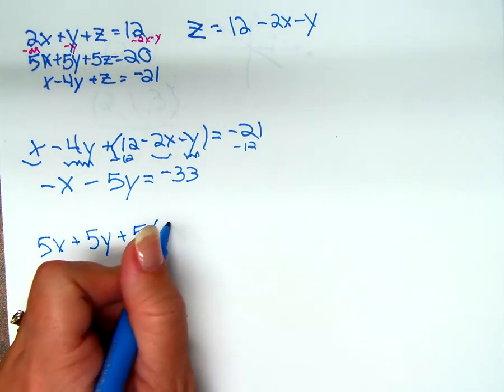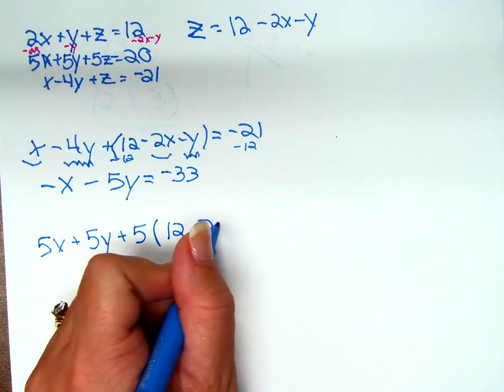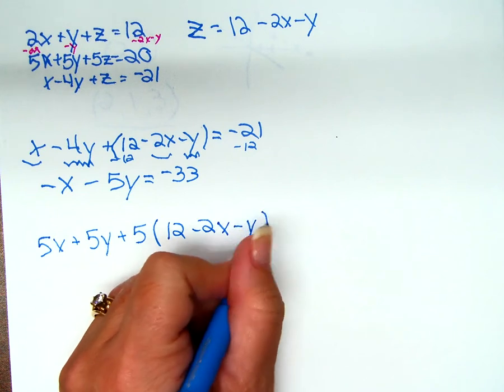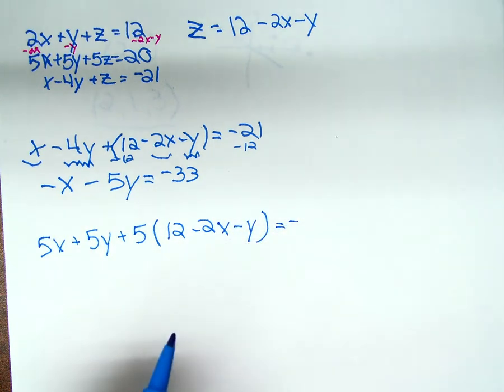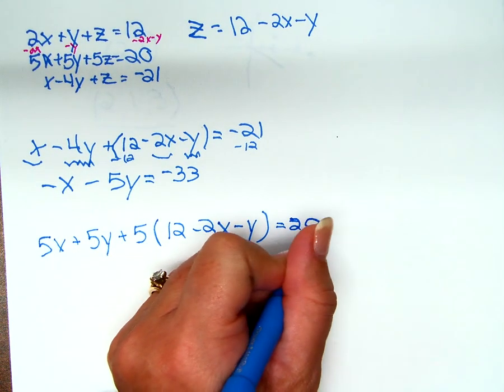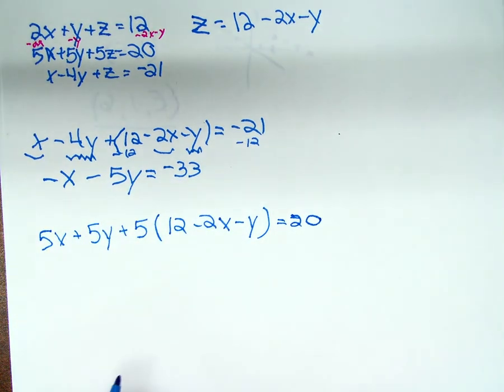So I've got 12 minus 2x minus y equals negative... What? Oh, sorry. Regular 20. I panicked for a second because I realized that said negative 21, and I was like, oh no, what have I done? You caught it. Thank you.